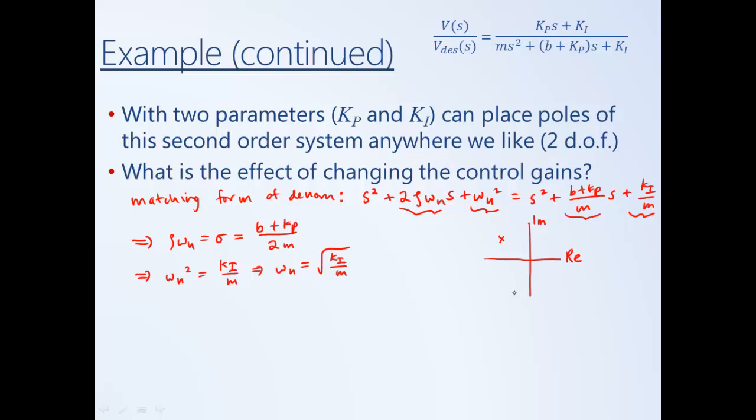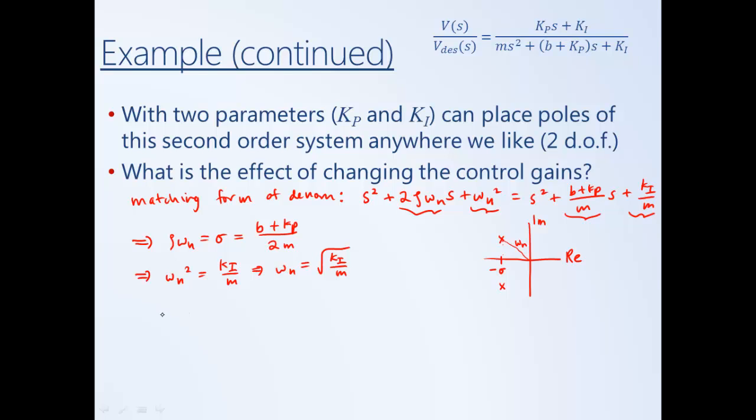We'll presume we have some complex conjugate poles arbitrarily, and if we recall, sigma tells us the real part of the pole, and omega n is sort of the radius. It's the distance of the pole from the origin.